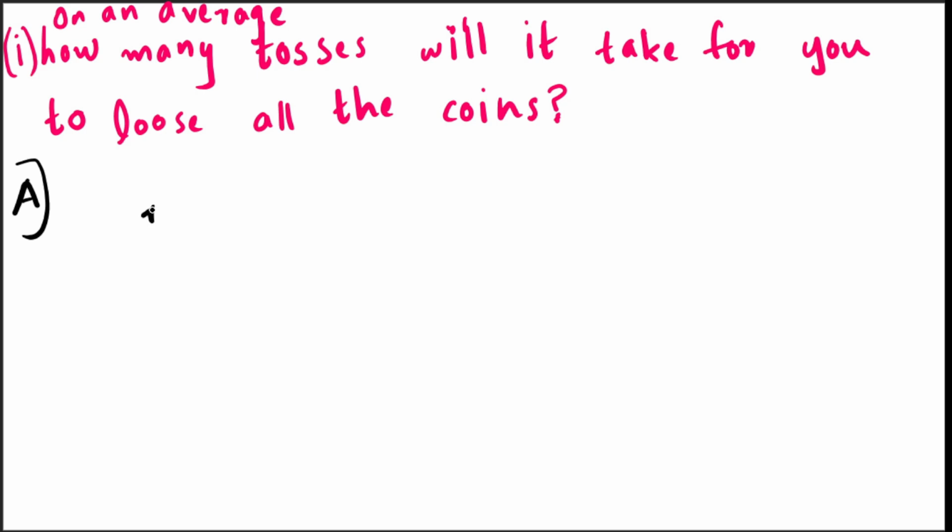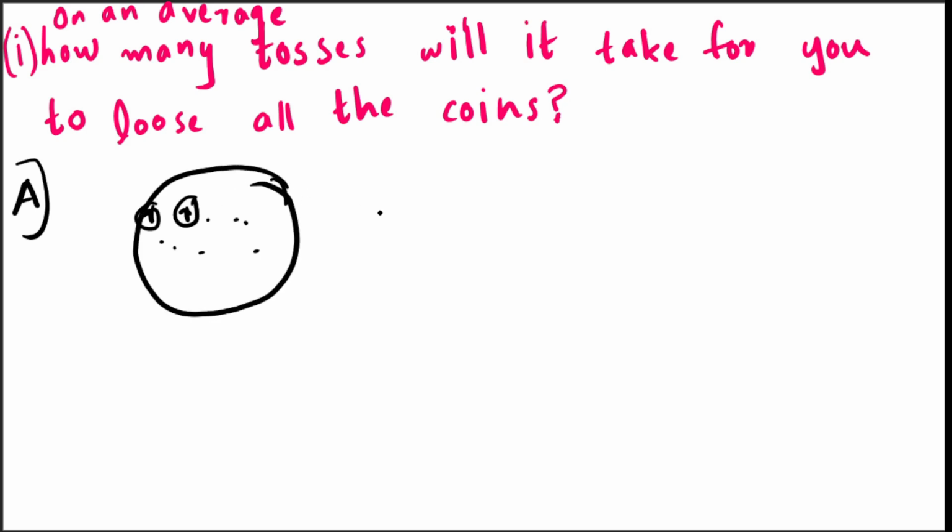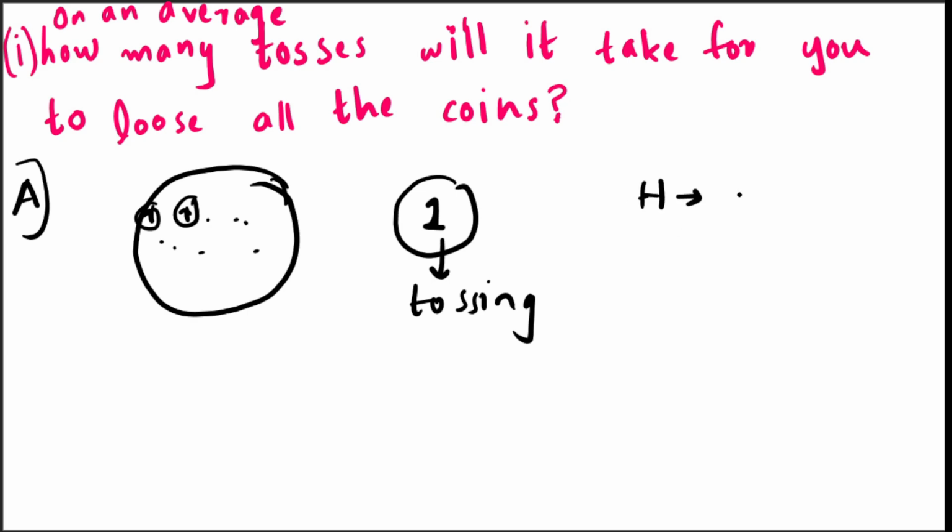So simply, this question can be summarized like this. You have 100 1 rupee coins with you and an additional 1 rupee coin which you are using for tossing. If head comes up, you gain 2 coins, that is plus 2 coins. And if tail comes up, you lose 3 coins. So this is the overall question.